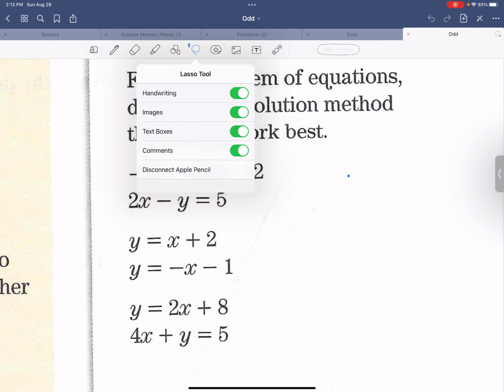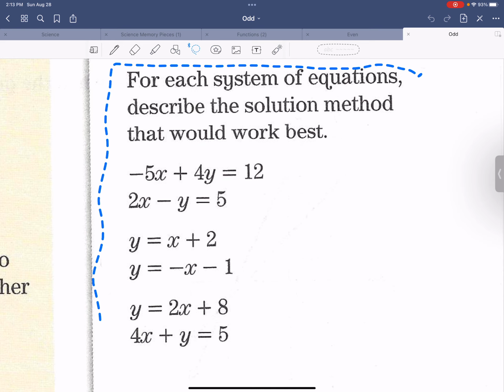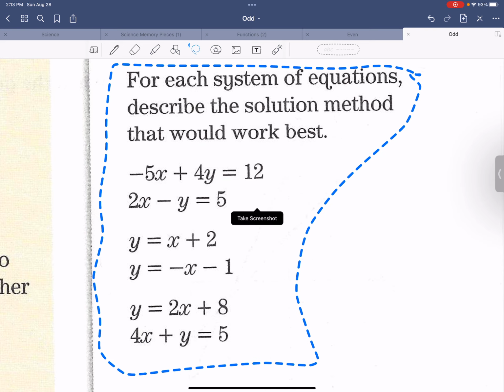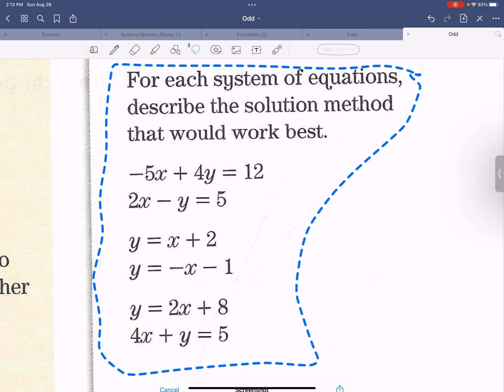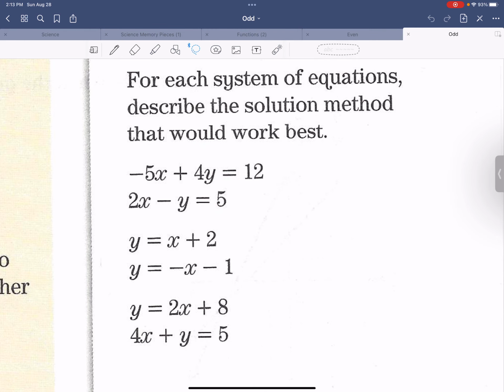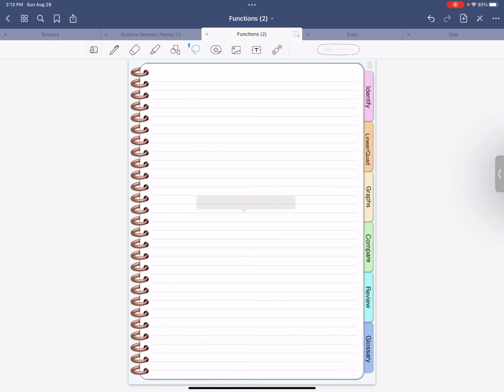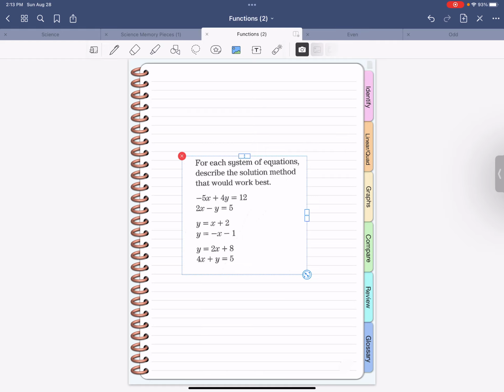So I'm going to pull these over to a sheet of paper, and we are actually going to solve them because I just want the practice of doing that. And I also want to talk to you about the best method. So let's go over to Functions Notebook and paste that in.